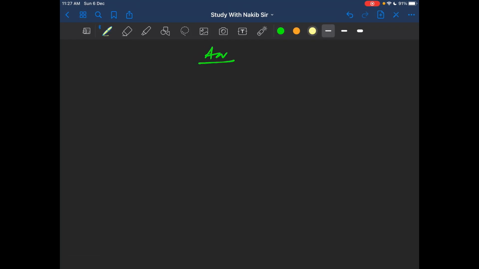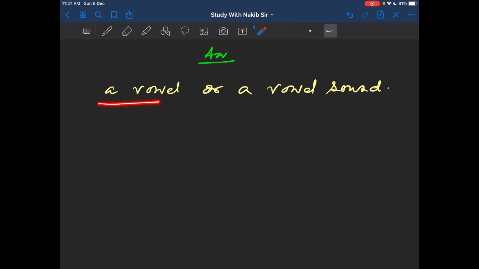An is used usually before the words that begin with a vowel or a vowel sound. Remember this: that begin with a vowel or a vowel sound.